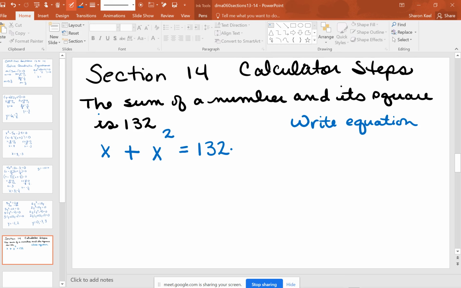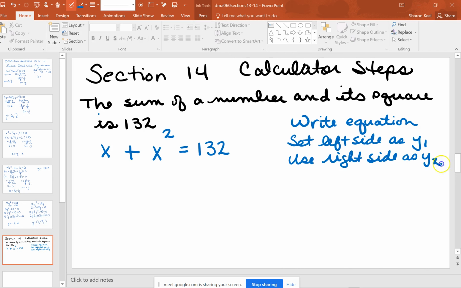Now, I am not going to have you redo this and do all the factoring like we've done in all the previous sections. What we're going to do is set the left side as y1, and we're going to use the right side as y2.